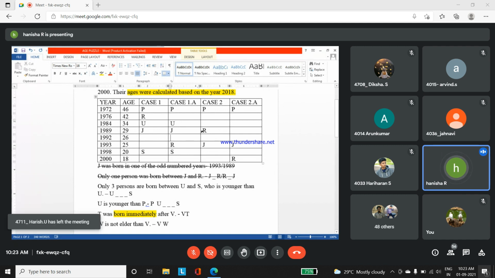Similarly, it is following in this one also, with R and J. So it will be similar: U and then S. And look at case 2A. If I give U over here, 1, 2, 3, I have to put S, but you already have J, which you should not disturb.